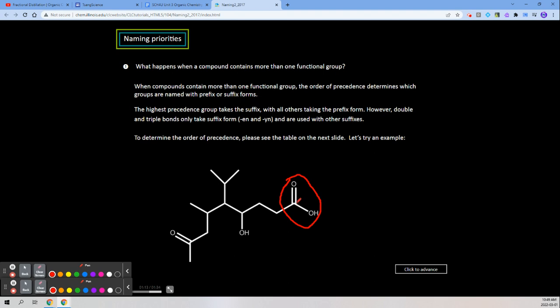That's a carboxylic acid there. This is an alcohol, and that is a carbonyl. So it is a ketone. Oh, sorry, this is a carbonyl, that's an alcohol, and that's a carboxyl.